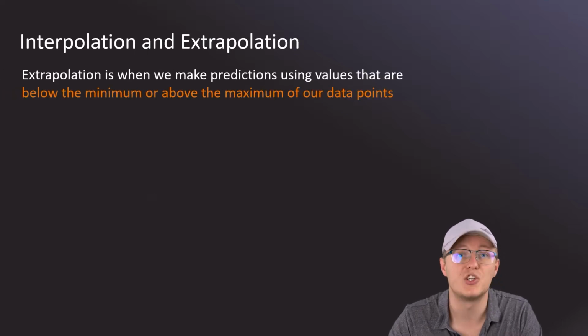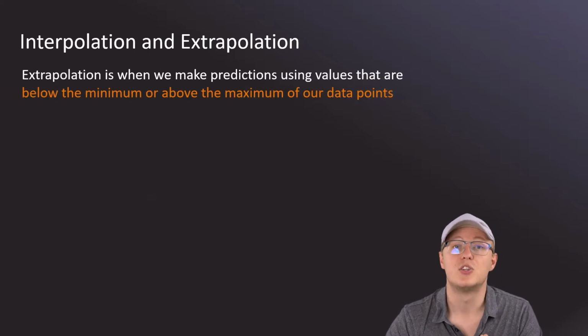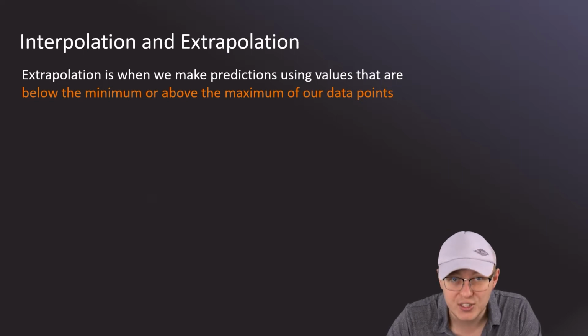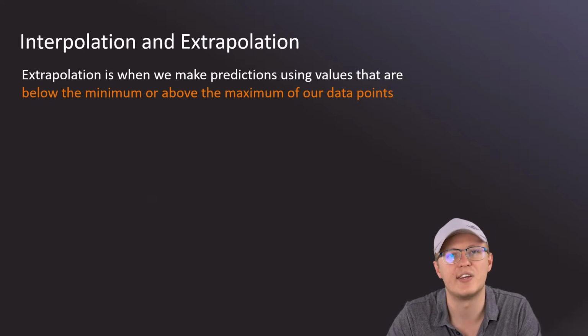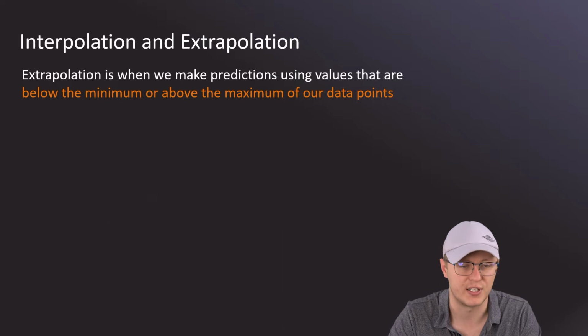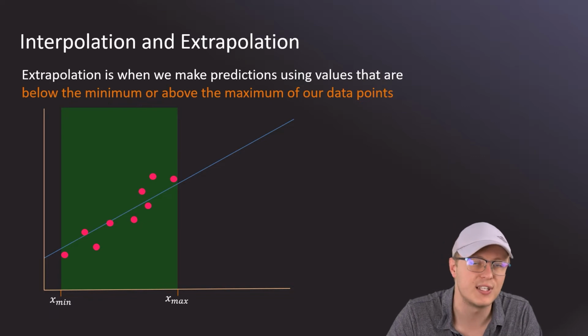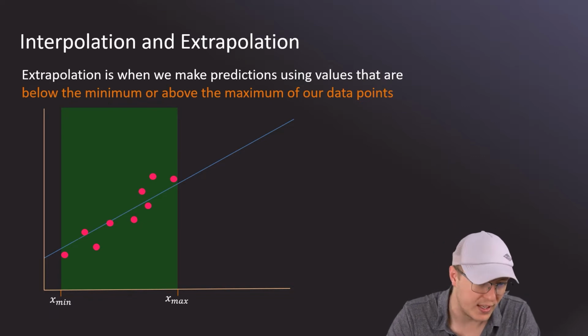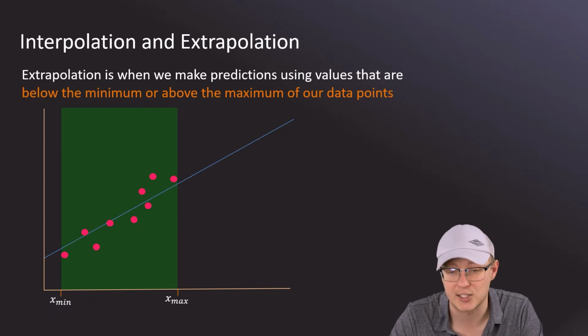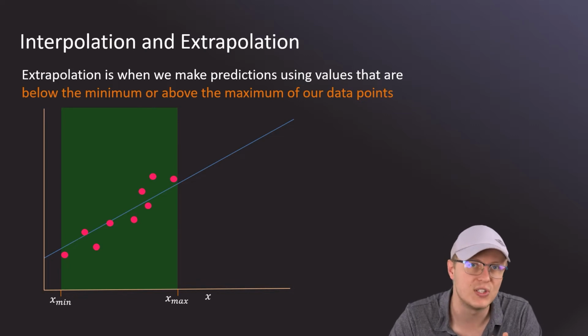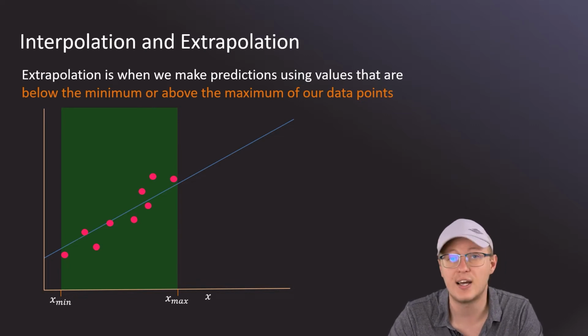Well, extrapolation is when we use data values that are not within our existing range in order to make predictions. So we've got the same sort of thing here, and now instead of using an x value that's within our x min to x max range, we're going to use an x value that is outside of that range in order to make a prediction.